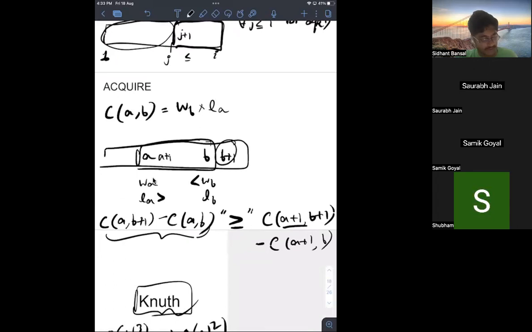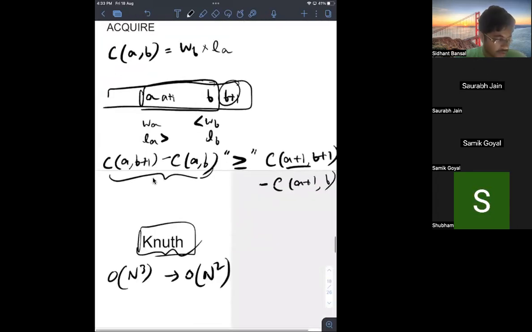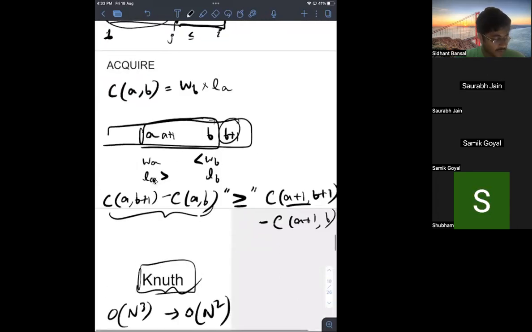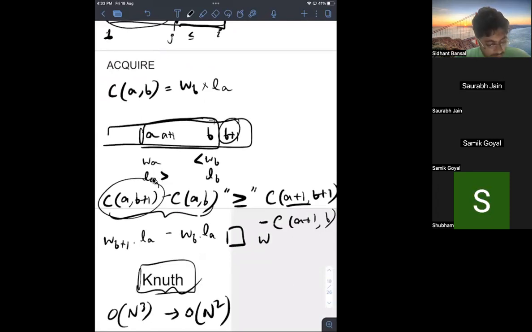We want to show that this is the case. How do we prove it? So what is this thing? This thing is WB plus 1 times LA minus WB times LA. And so this is the LHS. The RHS is WB plus 1 times LA plus 1 minus WB times LA plus 1.